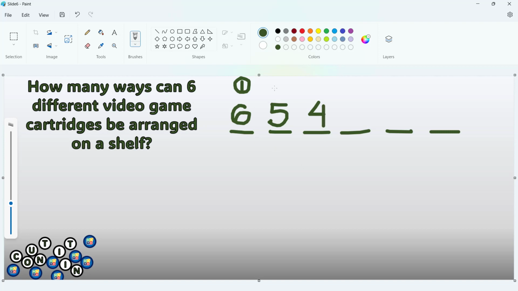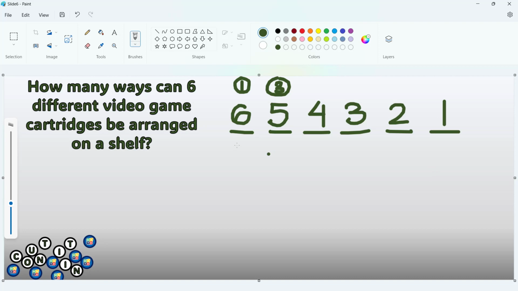Next, on the fourth placement there are only 3 different cartridges left, because we have used already the first 3 on the first 3 placements. To be followed on the 5th placement, we only have 2 possibilities, and right after we have placed the first 5, since we only have 6 cartridges, we are now sure that there's only 1 cartridge that will remain for the last placement.